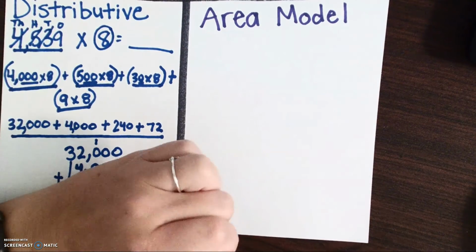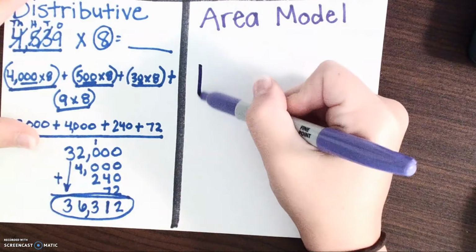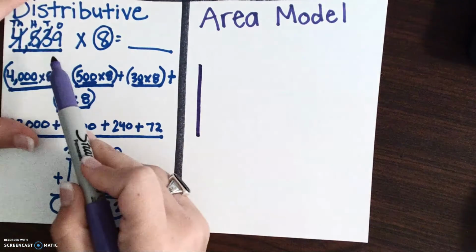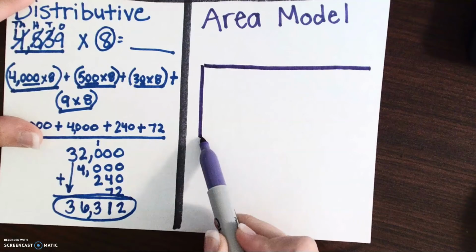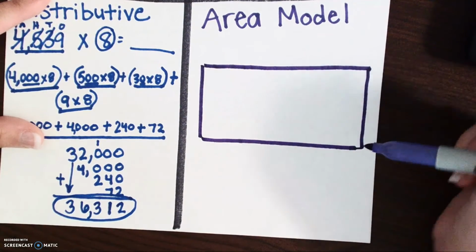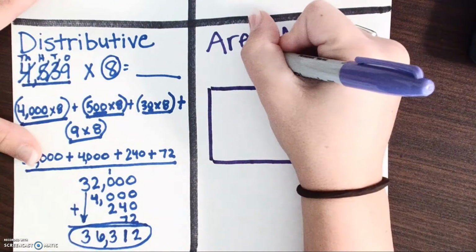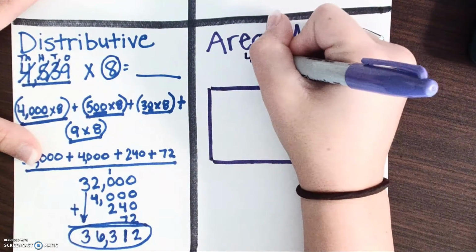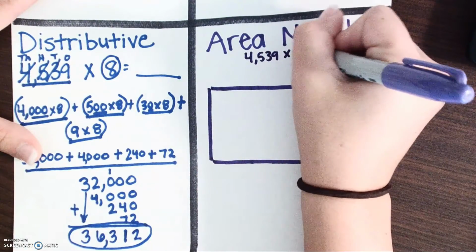Right, with area model, remember guys, you always start by drawing your box. And the bigger the number that you're multiplying by gets, the longer your box is going to need to be, so that you're not squishing stuff all over the place inside your box. Okay, we are doing the problem 4,539 times 8.